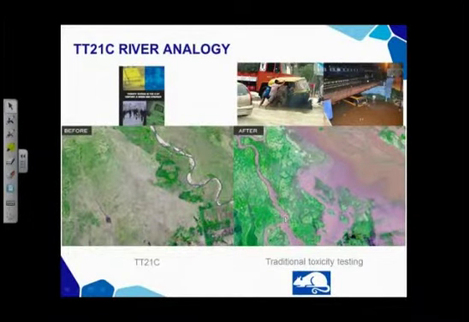So I've got a bit of a silly analogy really for that. So this is sort of kind of an overview of tox testing for the 21st century. I think what we've done for years and years now in traditional tox testing with our rodents and our animals and our apical endpoints is to treat those animals at high doses and just look for a kind of disaster.